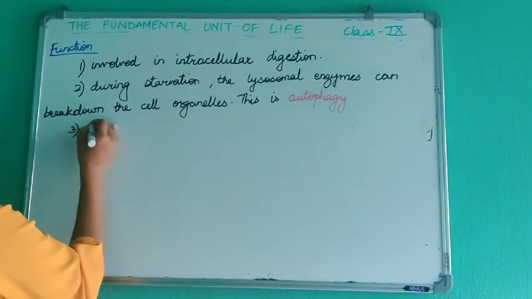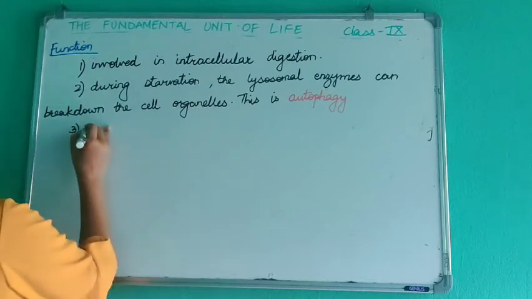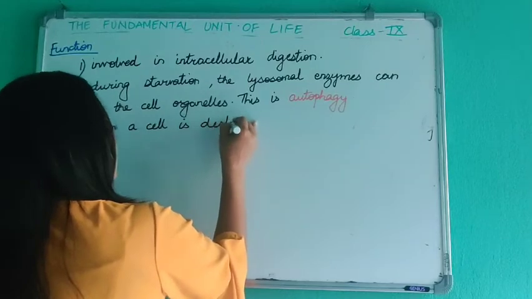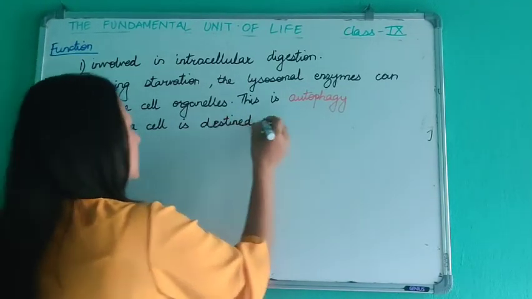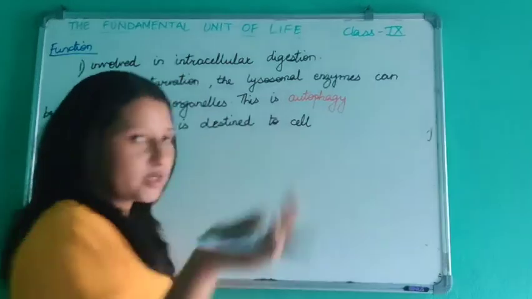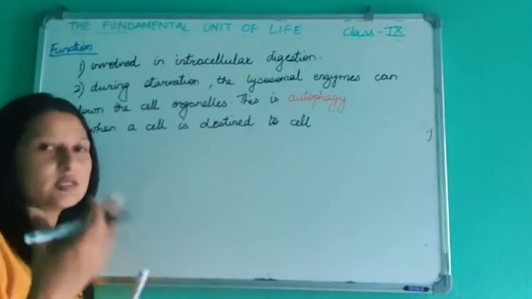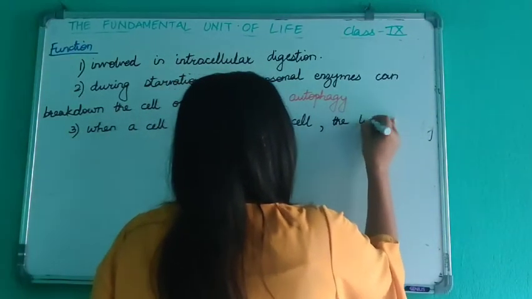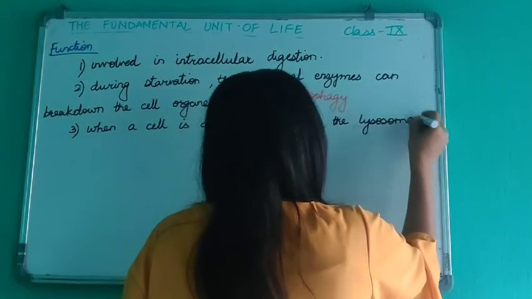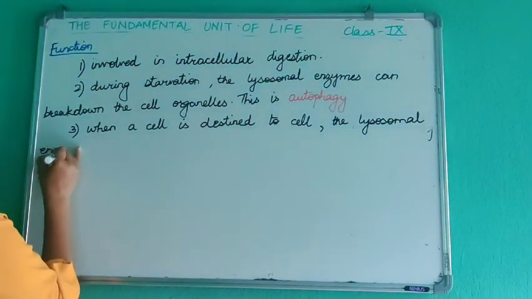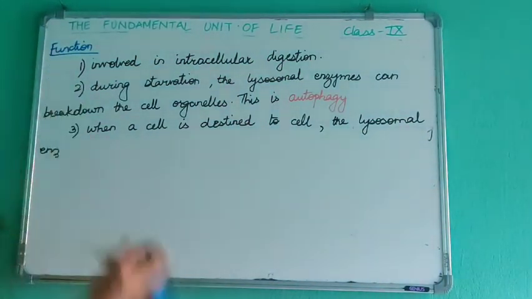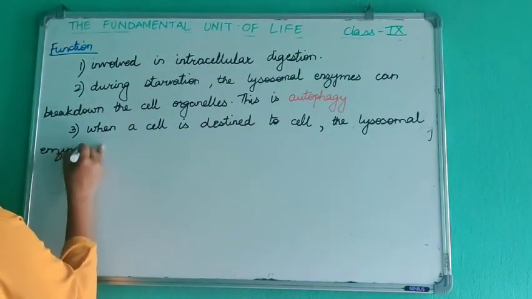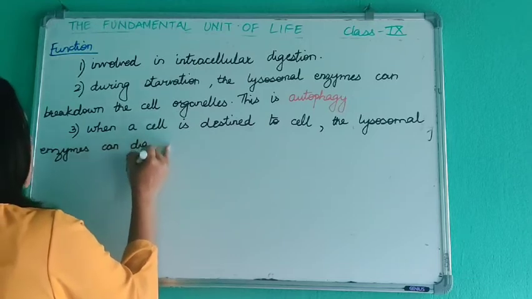अर्को, when a cell is destined to die, right? When a cell is destined to die भनेको चाहिँ ओल्ड एज भयो भने, त्यो सेल अब मर्नु पर्यो नि त, नयाँ सेल जेनेरेट हुनु पर्यो. या त when the cell is diseased, त्यति बेला the lysosomal enzymes can digest the whole cell.